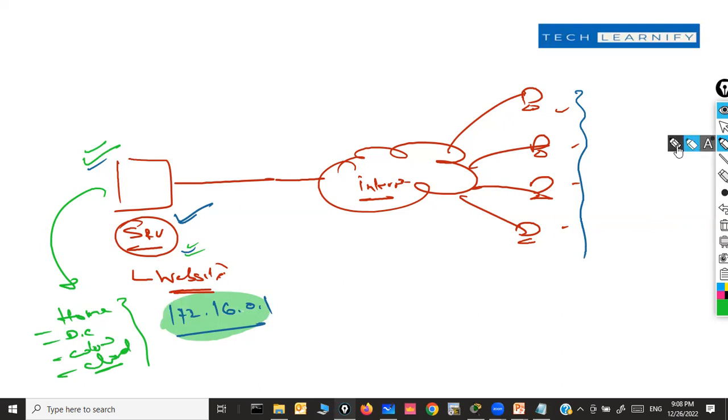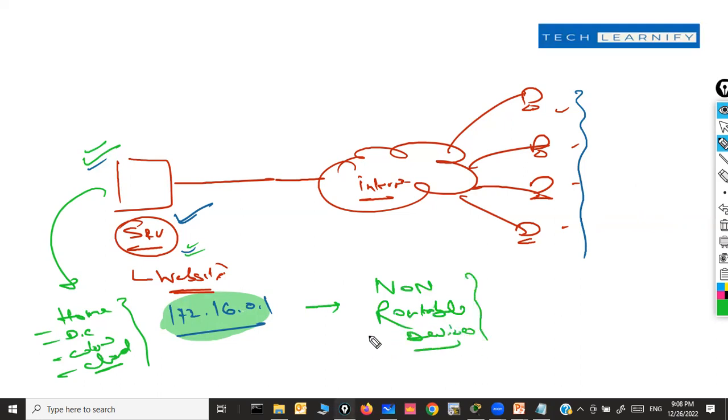In technical terms, I would say the IP is non-routable over the internet, meaning internet devices like routers and other networking devices don't know about private IPs. There is no way to route a packet to this server, which means your server, your website, your application wouldn't be accessible.